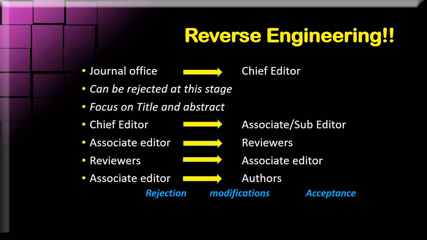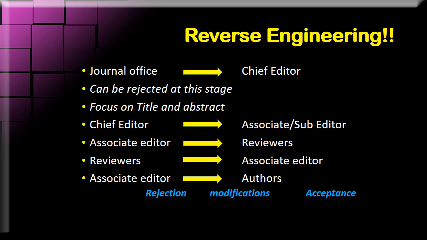His responsibility is to see the article, choose appropriate reviewers, and share it with 4 or 5 reviewers who will read the article, give their comments, and send it back to the associate editor. And the associate editor, based on these comments, makes a final decision about the article and sends that decision to the authors through the journal office.